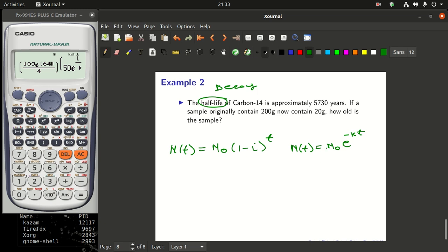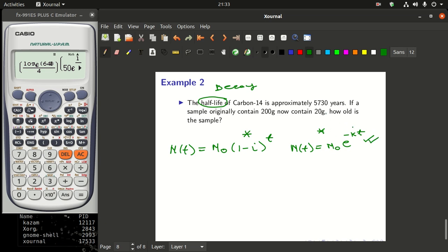So you have these equations. Now it depends on which equation is actually going to help you solve the problem. This first equation does not usually talk about half-life, but this one is the one that is actually talking about half-life, so we're going to be using that equation.